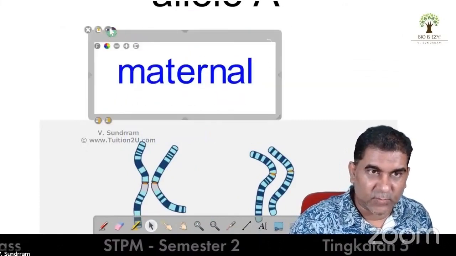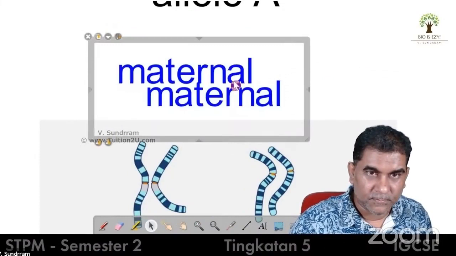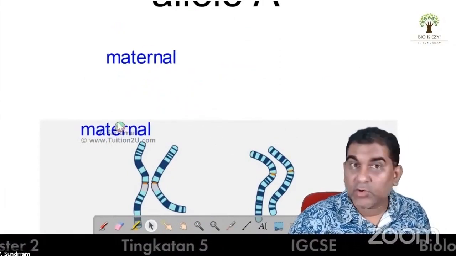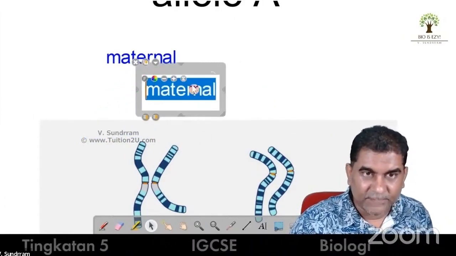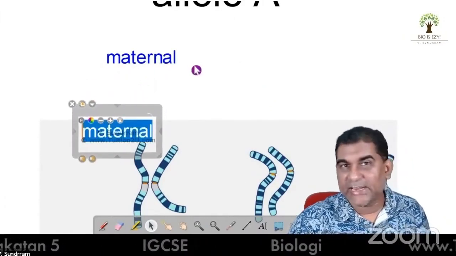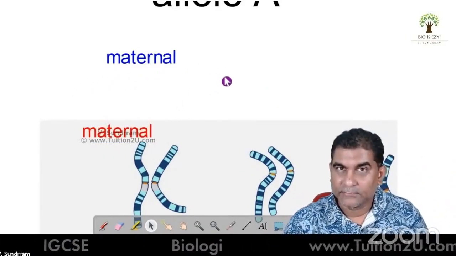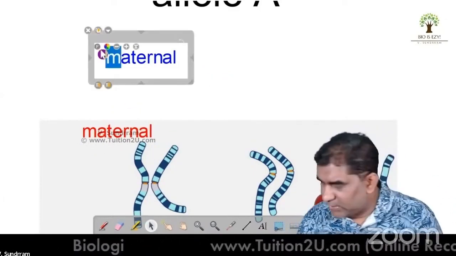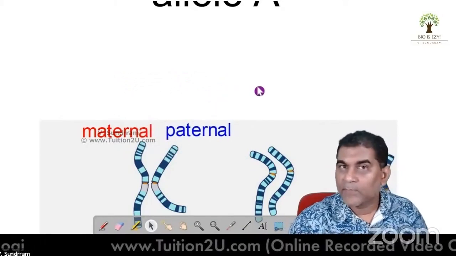Let me just copy paste this. One of the chromosomes will be maternal. Use maybe red color for maternal. Maternal means it came from the mother, the female parent. The other chromosome is paternal, which came from the father.